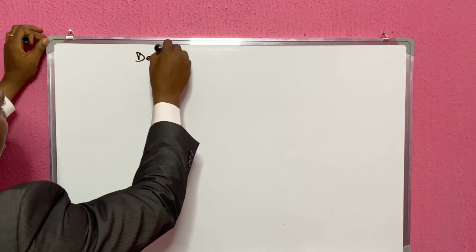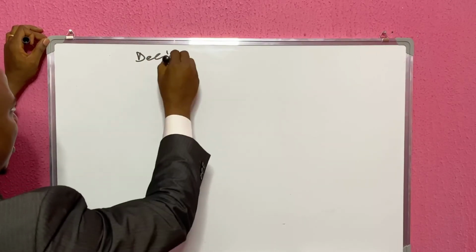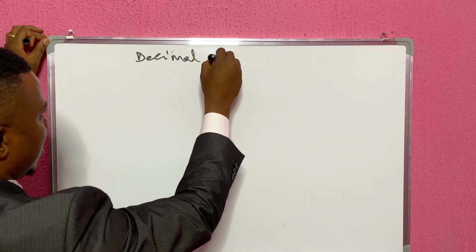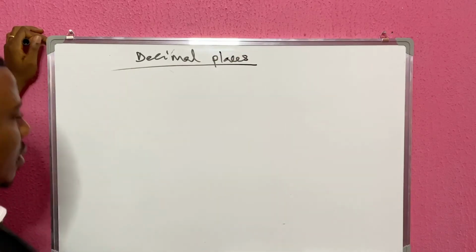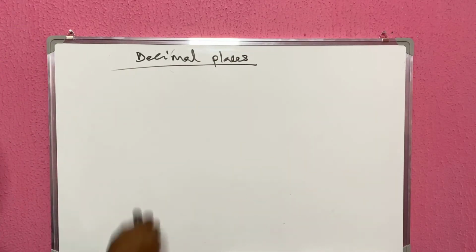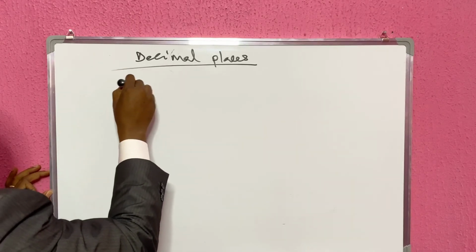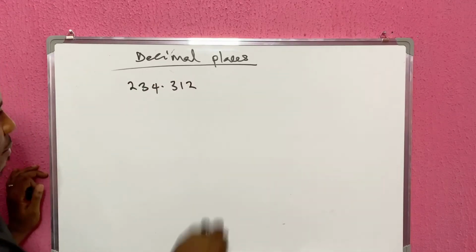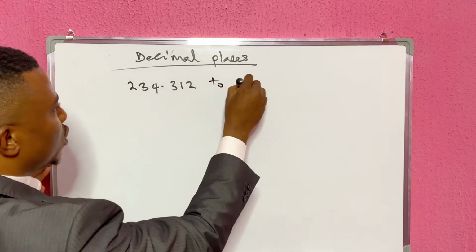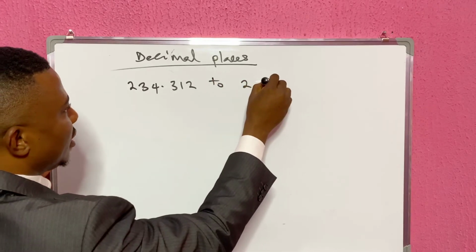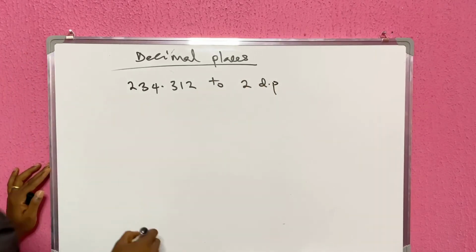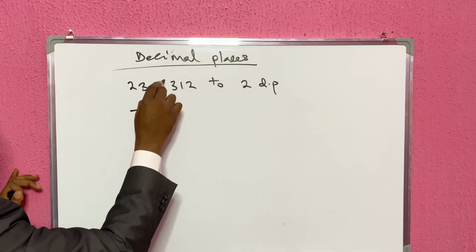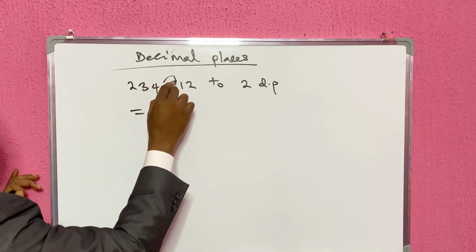Decimal places. 234.312, for example, to 2 decimal places will just mean you will move from the point 1, 2.